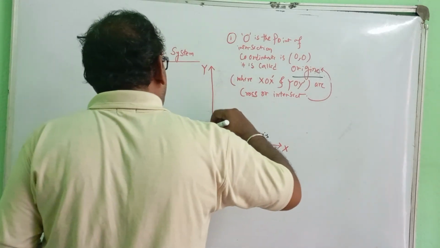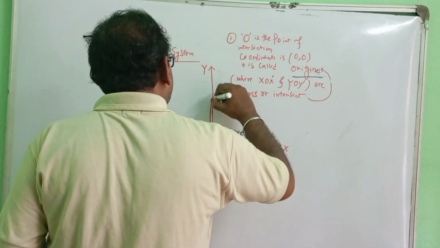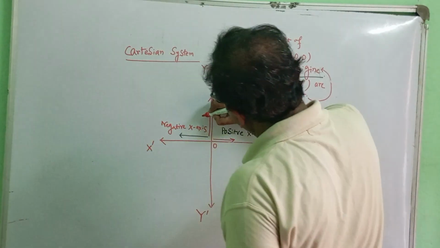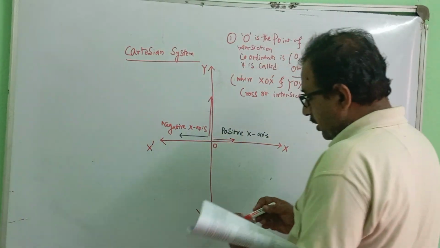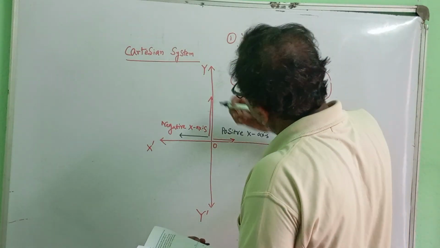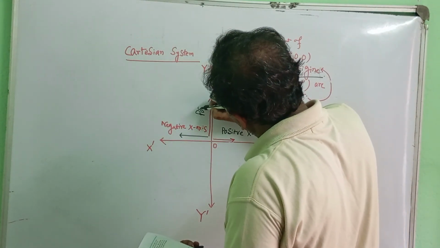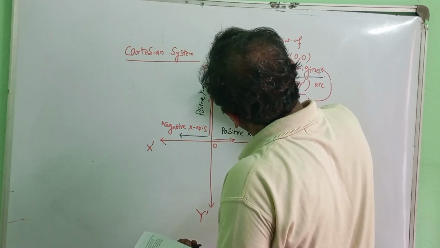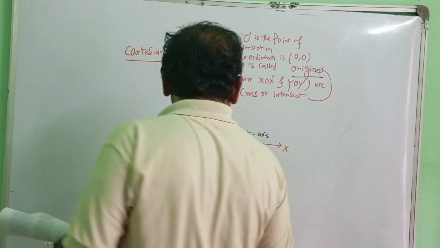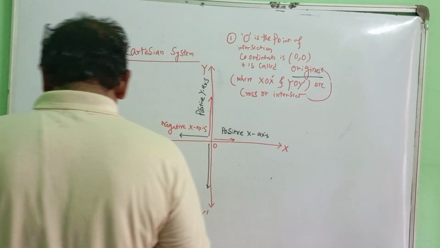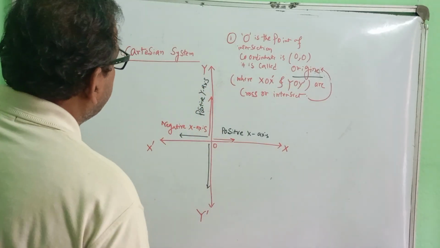Now which is this part? This is the positive y-axis. And this part is the negative y-axis.